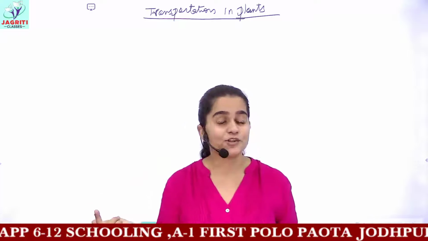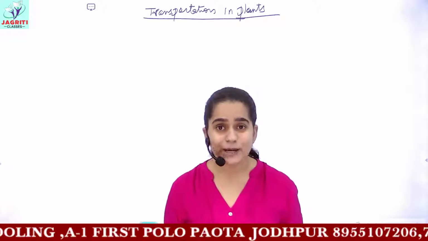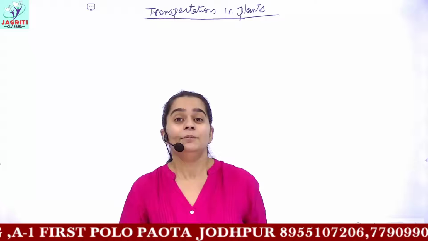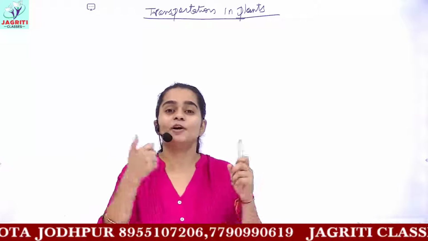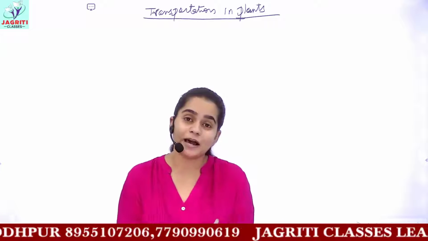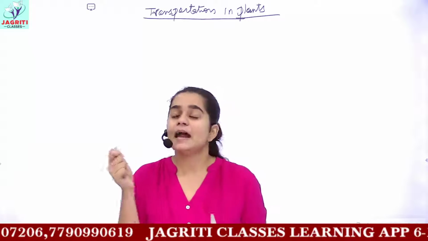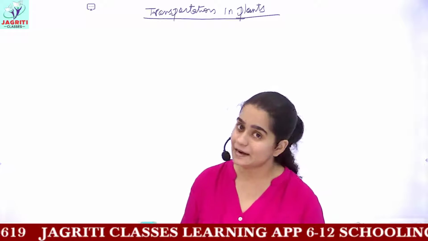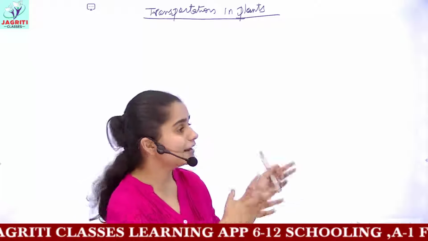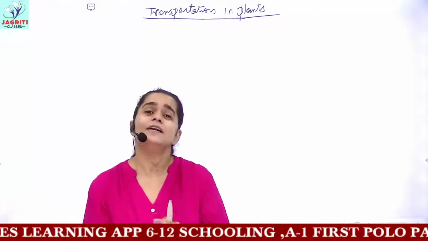Then the next reason is that they compensate most of the energy requirement through the process of diffusion, because most of the cells in plants are dead cells, and these dead cells give mechanical strength to the plant. They do not require any kind of nutrition, that is, any kind of energy. So we can say that the energy requirement of a plant is small and can be easily fulfilled by diffusion.